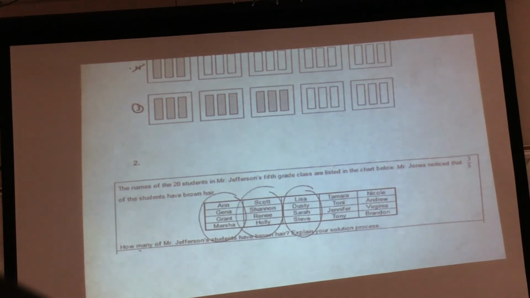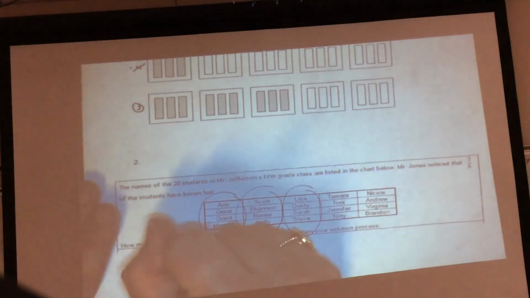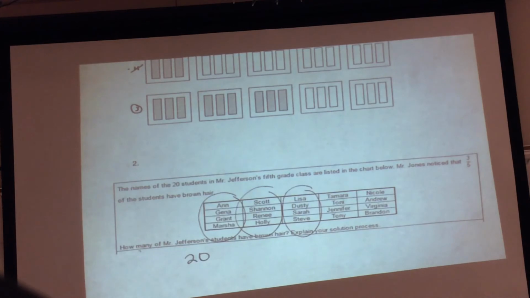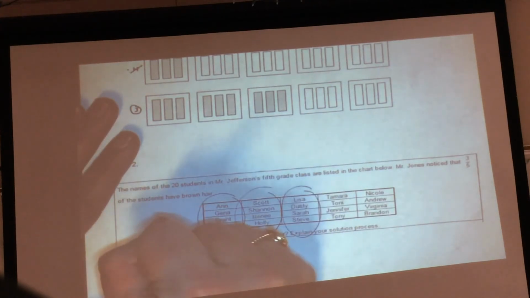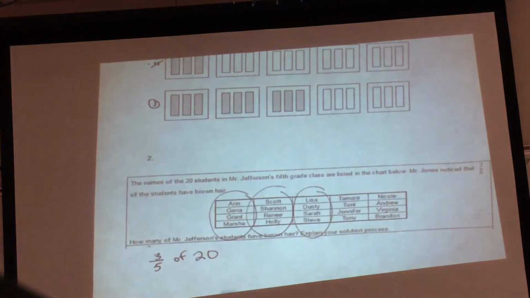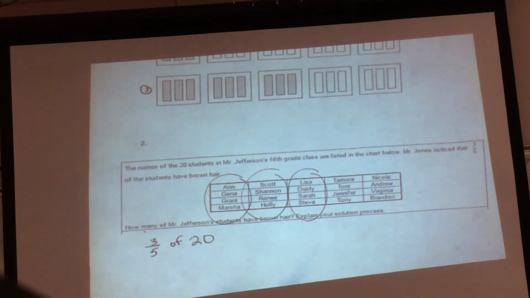How would you go about solving this problem then? How many students do I have? 20. And how many of those students have brown hair? 3/5. Okay. So 3/5 of 20. What can I replace that of with?